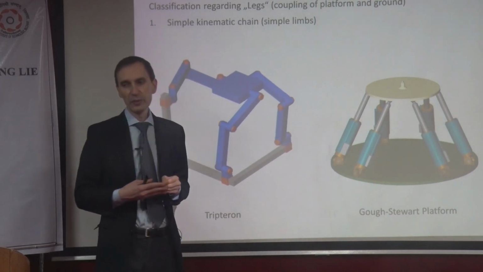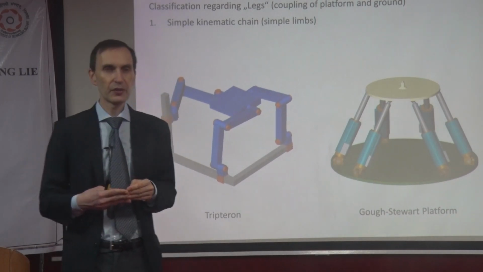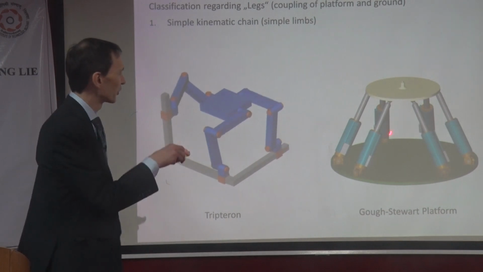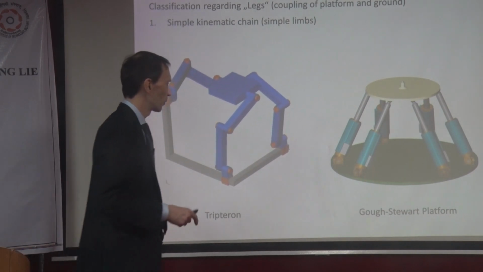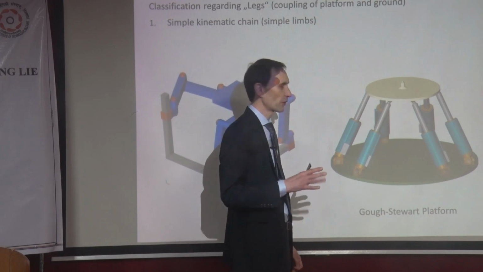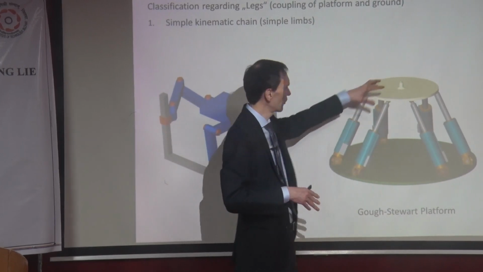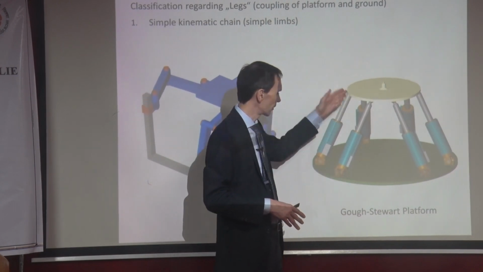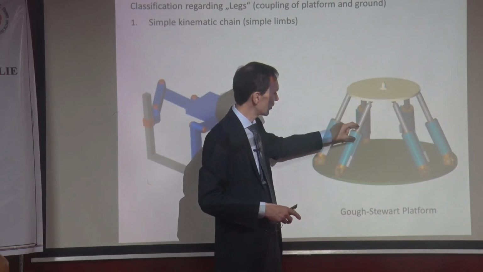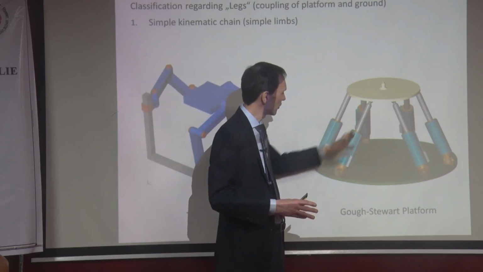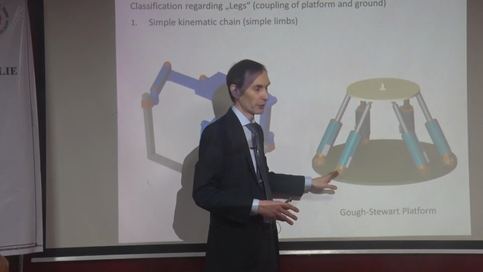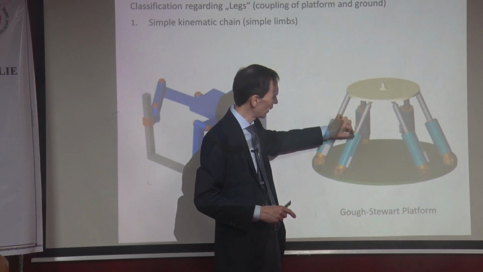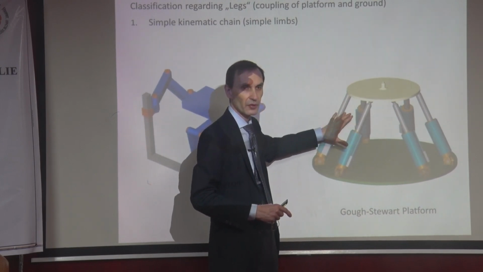The good thing is for a PKM, the inverse kinematic problem is easier. For example, for this one it is pretty straightforward, because what you're given is the platform pose. Usually you would ask for all the joint angles for the model, but for control you would only ask for the length of these struts.